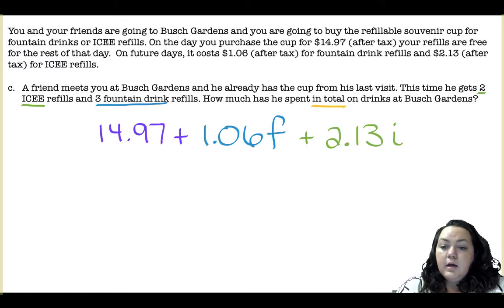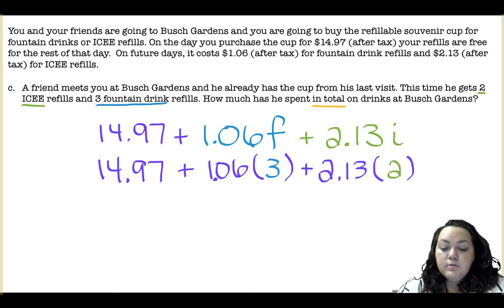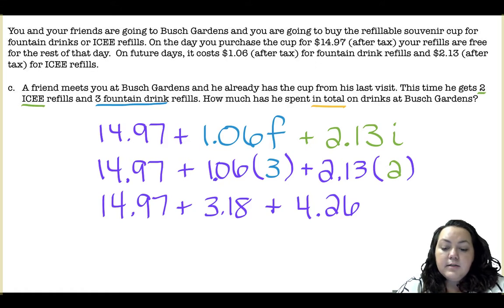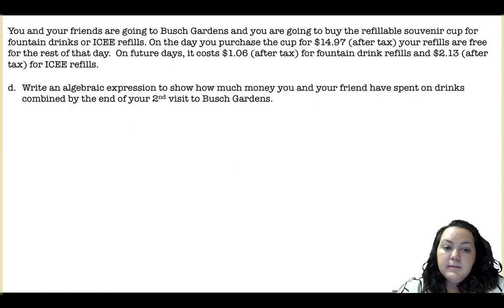So for i, I'm going to plug in 2, and for f, I'm going to plug in 3. When I multiply 1.06 times 3, I get 3.18. And when I do 2.13 times 2, I get 4.26. And when I add all of these up, I get $22.41. So since he's been to Busch Gardens and bought the cup, he spent $22.41 on drinks.